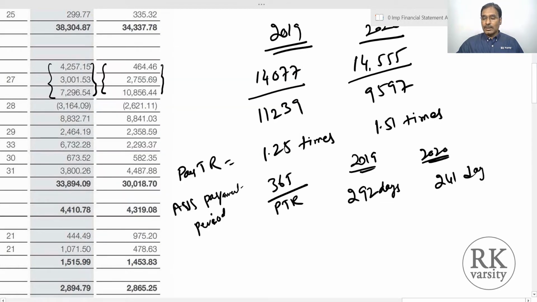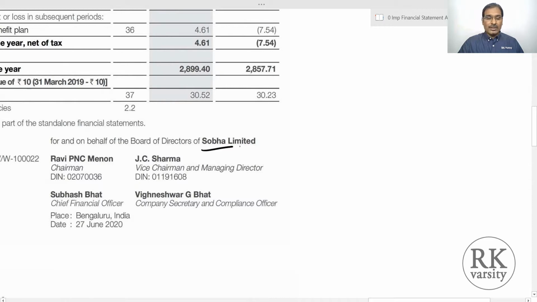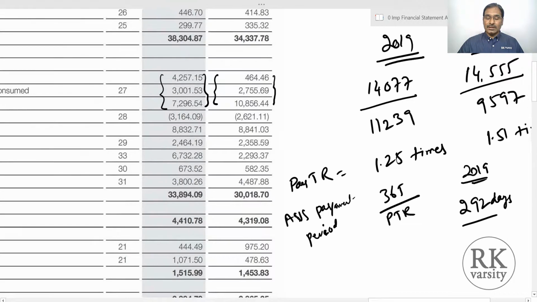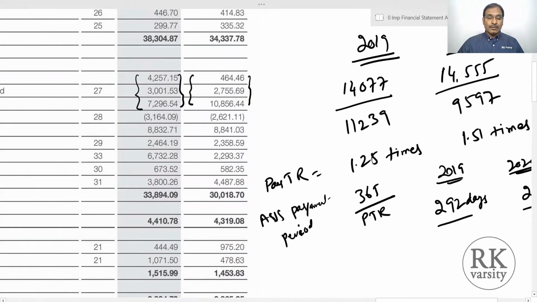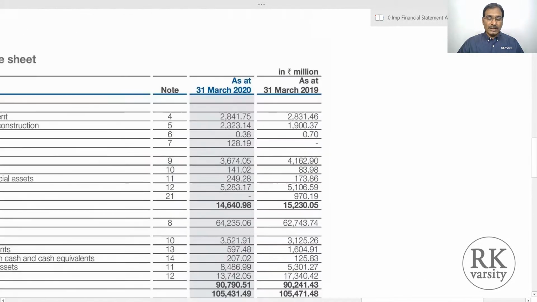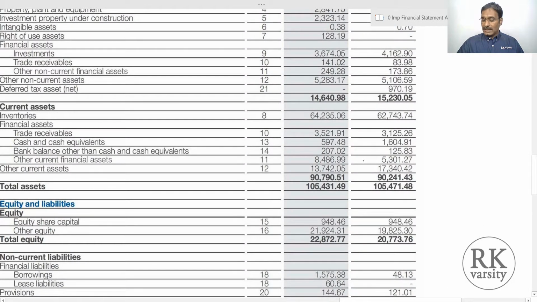So for Sobha Limited, which is into real estate, the trade payables period is that they are taking around 292 days to make a payment. Now again you need to check this with your balance sheet and cash flows, whether they have enough cash or not. Now if you look at the receivables, they have cash of 567 and 164, then bank balances, then other financial assets.